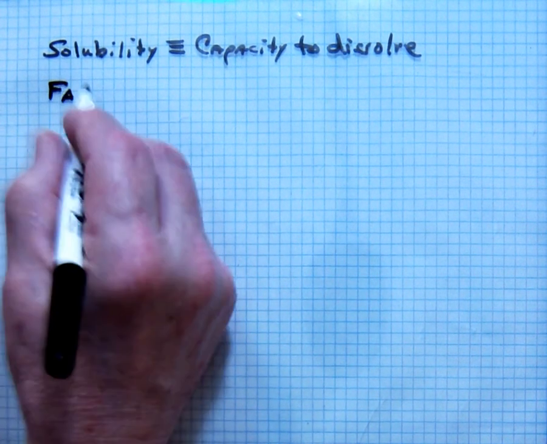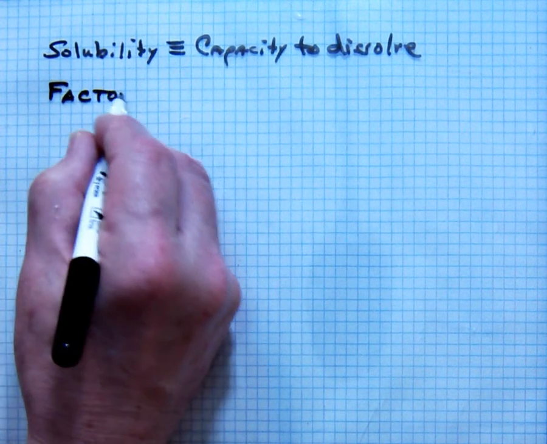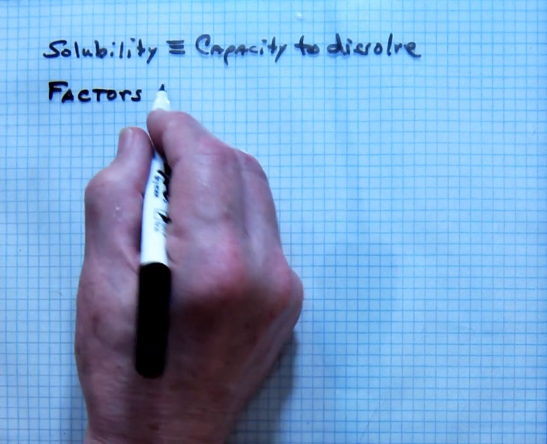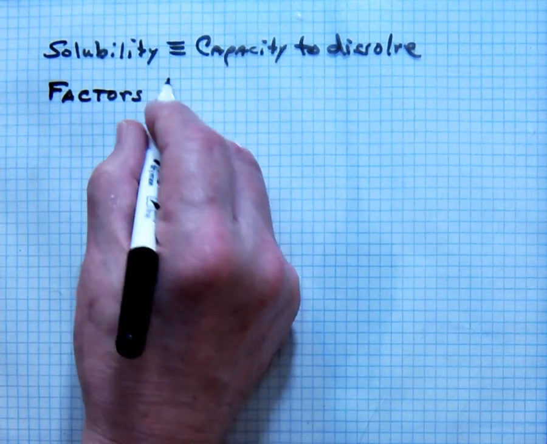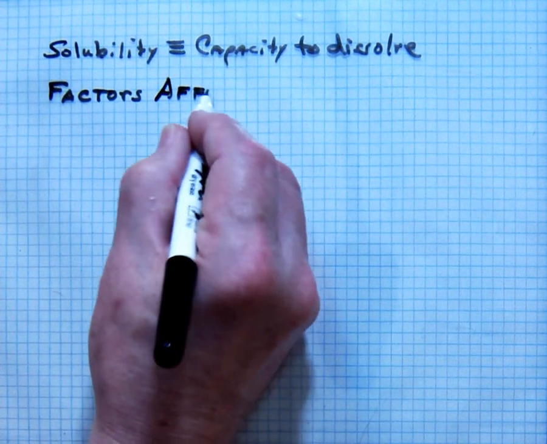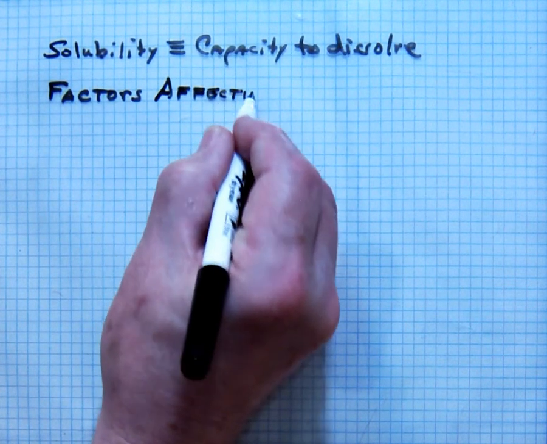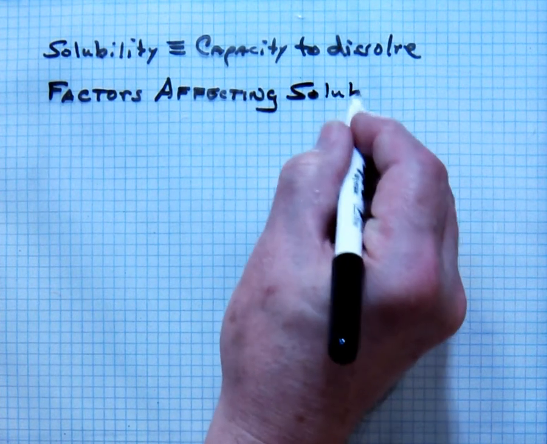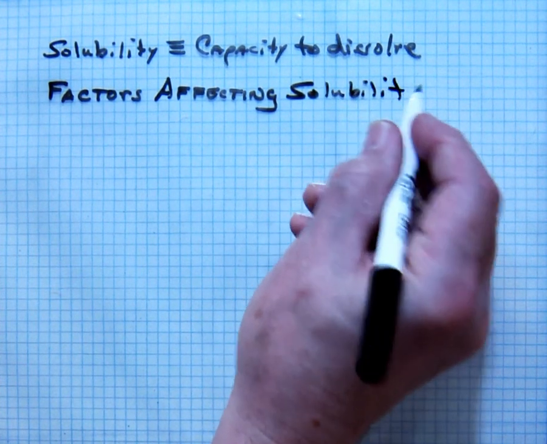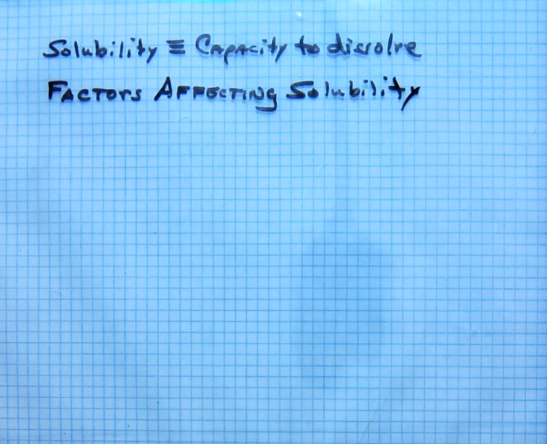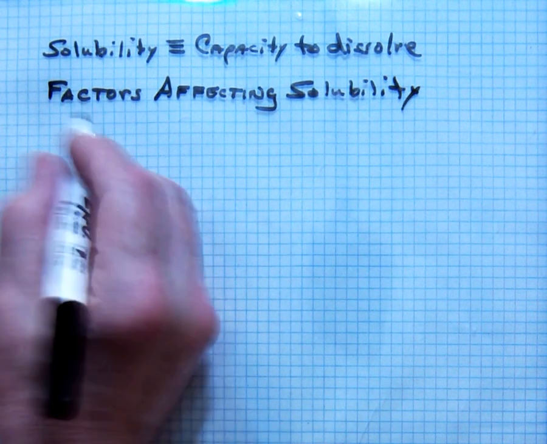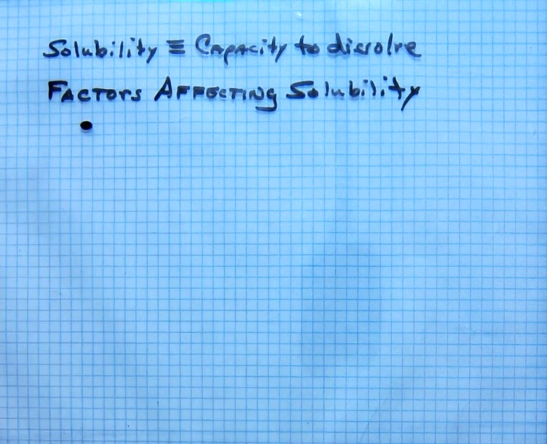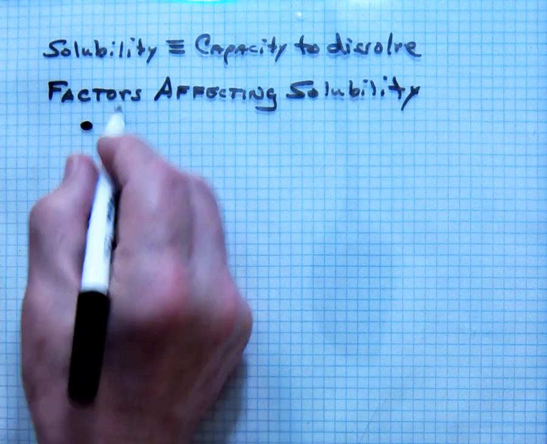Factors governing, affecting solubility. Now we mentioned one already, the tendency of the solute and solvent to mix, and we call that solute-solvent compatibility factors.